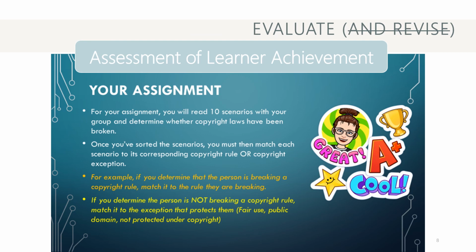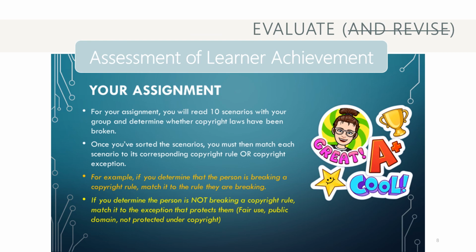From there, they will be prompted to sort those scenarios into the corresponding copyright rule or copyright exception. Knowing that students would most likely need an example of this, I would tell them, for example, if you determine that the person is breaking a copyright rule, match it to the rule they are breaking, such as an unlawful reproduction of work, an unlawful distribution of work, an unlawful derivative work, an unlawful public performance, or an unlawful public display.